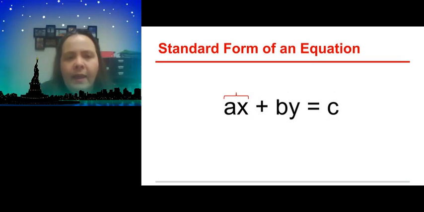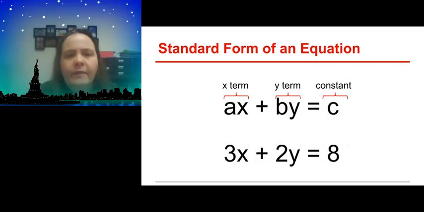So that ax right there, whatever number is with x, is always referred to as the x term. And the by, the number with y, would be referred to as the y term. And then the number over there by itself with no variable would be referred to as your constant. Let's look at that with numbers in place of a, b, and c.